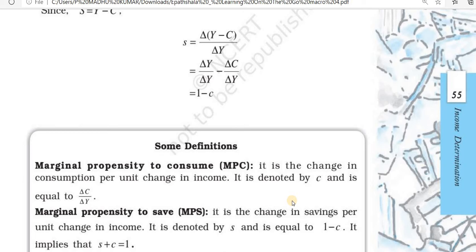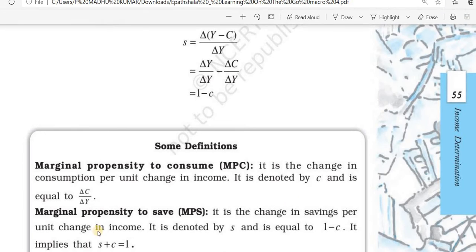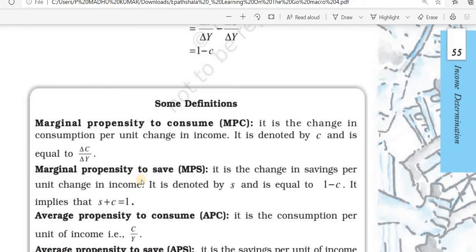It is denoted by small c and is equal to delta C by delta Y. The equation for MPC is delta C by delta Y. Through this equation we can understand the definition easily: the change in consumption due to change in income, per unit of change in income. That is the marginal propensity to consume.